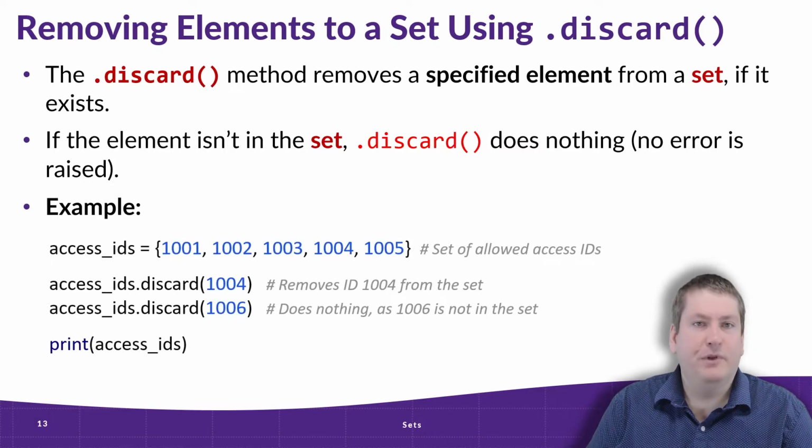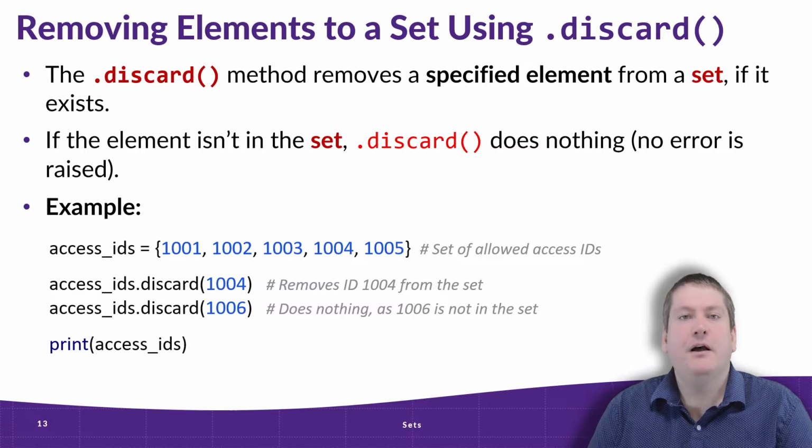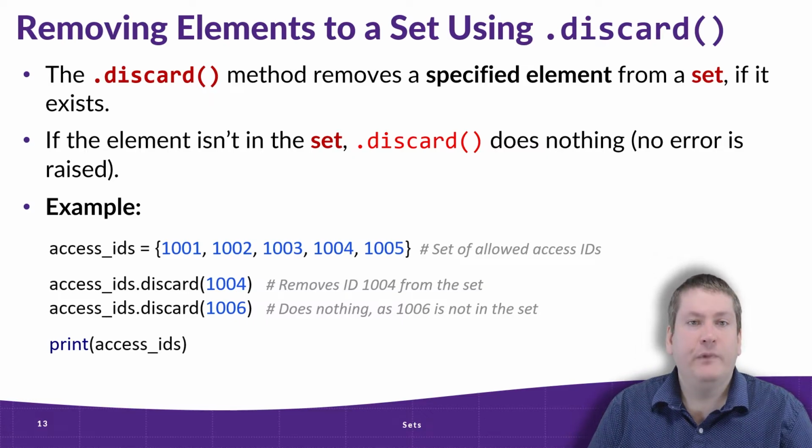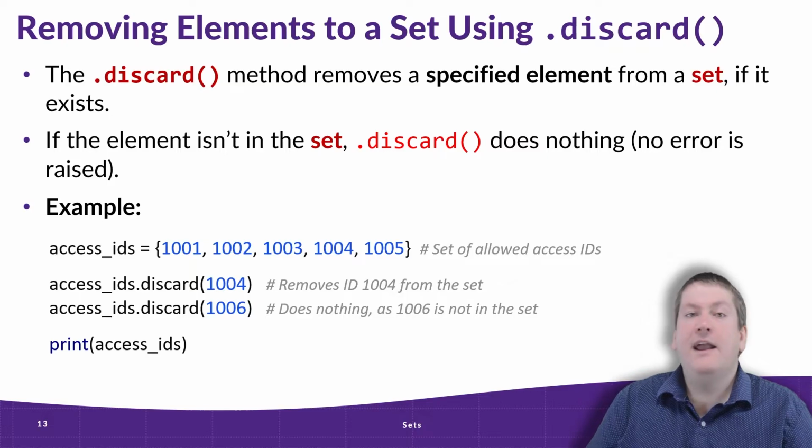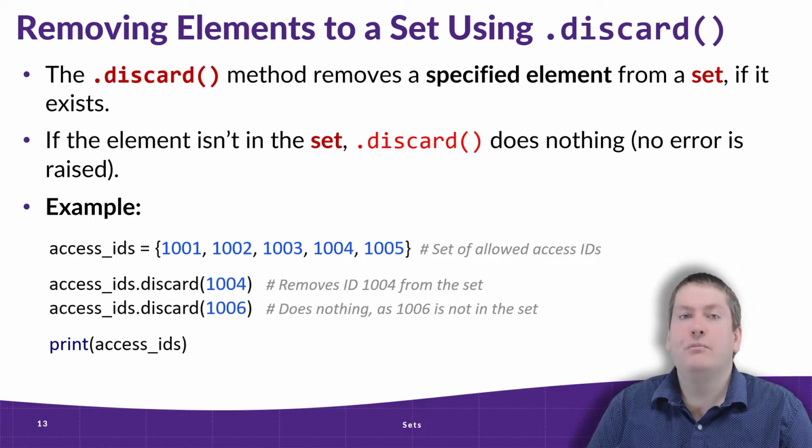Let's take a look at a simple example. Here we have a set of different access IDs, 1001, 1002, and so on up to 1005. Then we're using the discard method to remove access ID 1004, which does exist in the set, so it will be removed. And on the next line, we're using discard to remove access ID 1006.